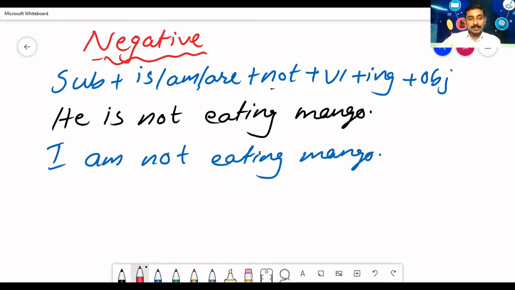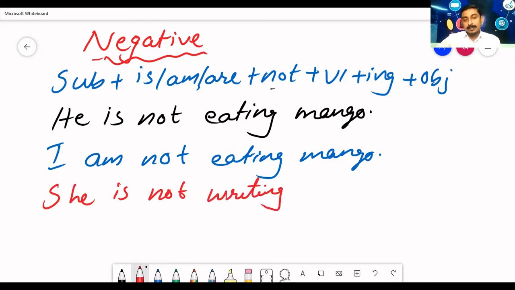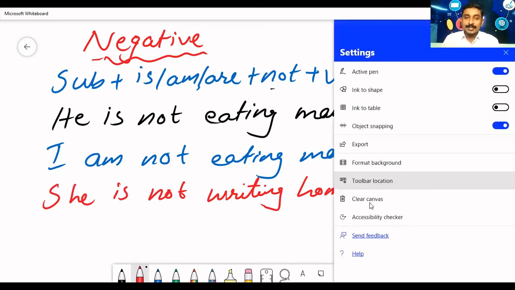Next example, she is not writing homework. She is not writing homework. In this way, we can create negative structures of present continuous tense.